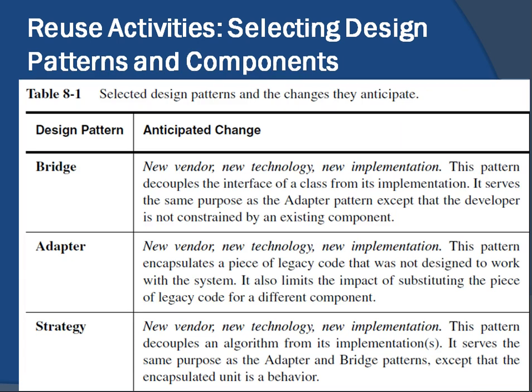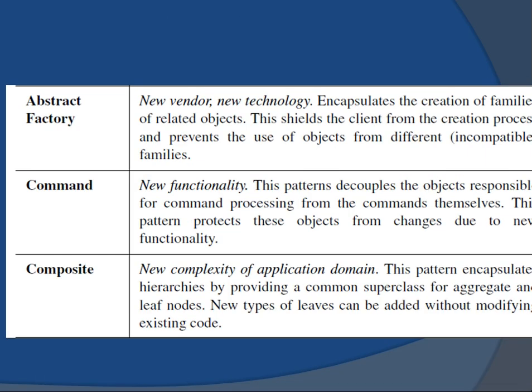To the left hand side, we have design patterns such as bridge, adapter, strategy, and to the right hand side, we have its corresponding anticipated change. Further extending the table, here we have abstract factories as the design pattern, commands, and composites.